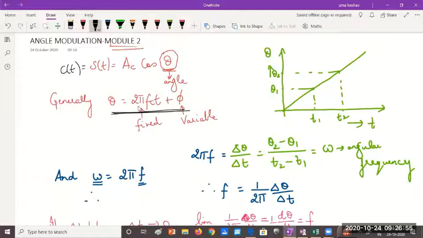Write this equation: sum of fixed and variable component as shown.